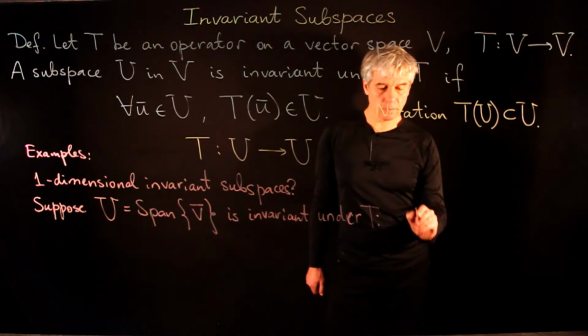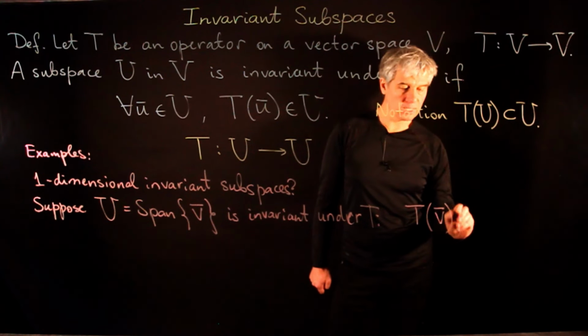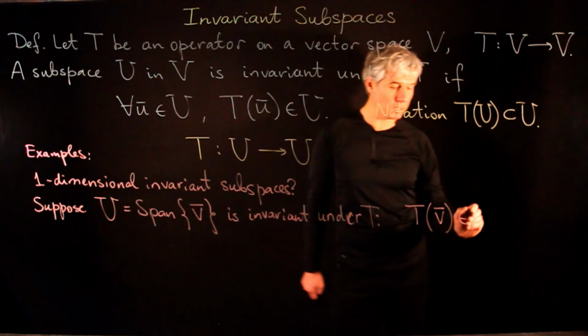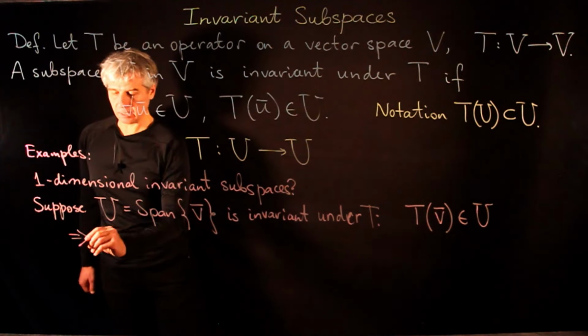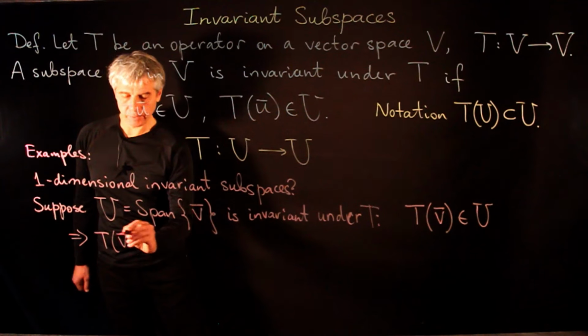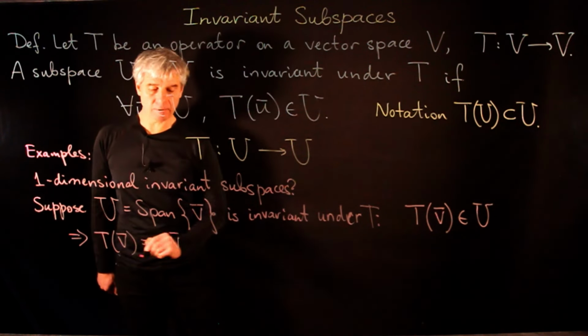This means that when we apply T to a vector v, the result is still in the subspace U, and thus we get that T of v is a multiple of the vector v.